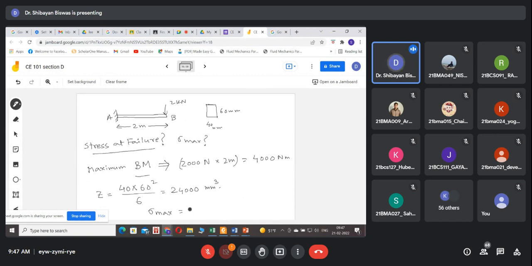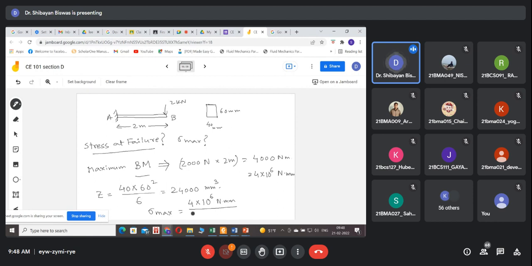Let me just check it here. So the M max is nothing but 4 into 10 to the power 6, because this is Newton meter. So 4 into 10 to the power 6 Newton millimeter.